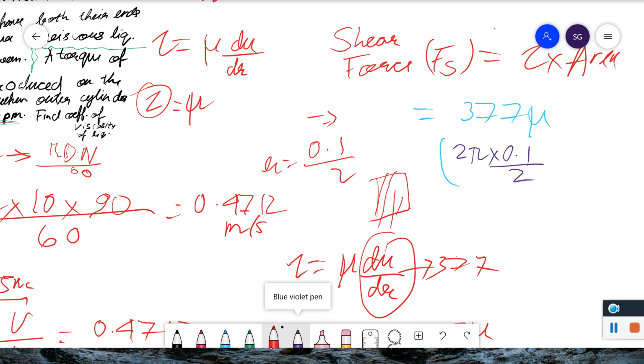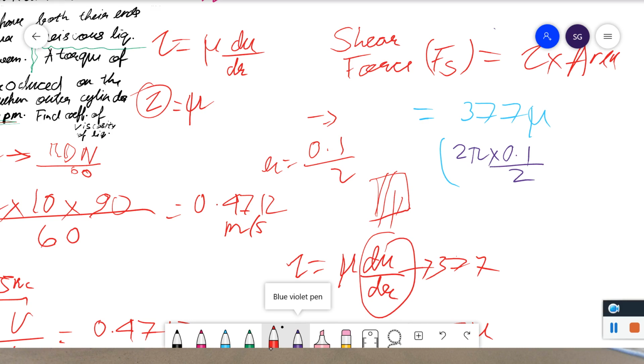Okay, so we have calculated this portion, the circumference. See, this is the cylinder, and whose cross section we have calculated. This is the cross sectional. So we have calculated the radius. This one we have calculated, 2 pi r.